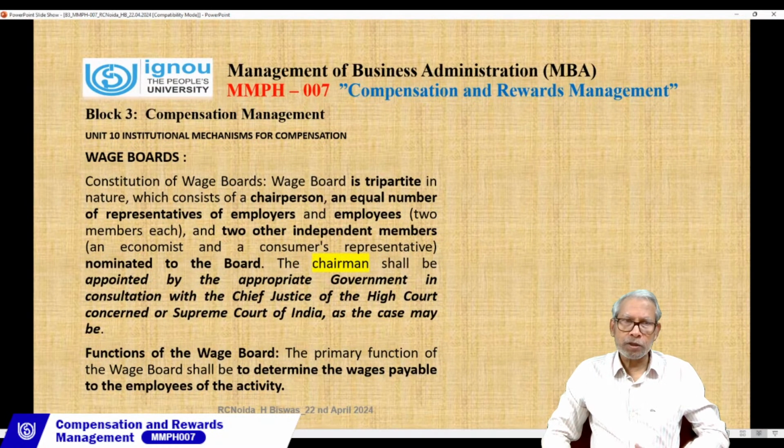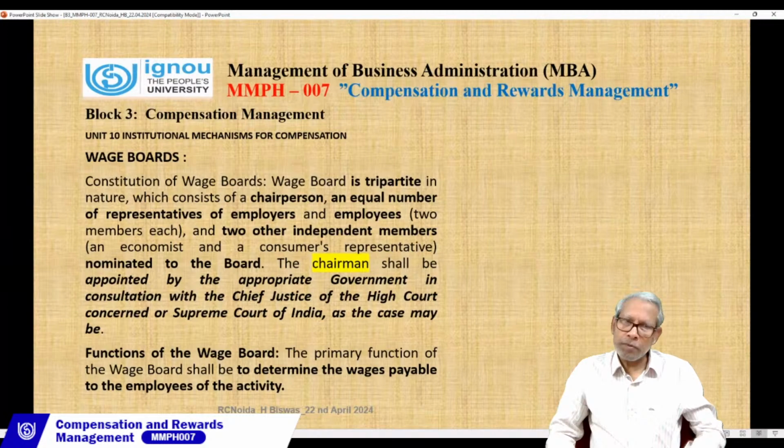The formation of the wage board is basically tripartite. There will be one chairman, then an equal number of representatives from the employers and the employees, 2 members each. The criteria is there: 2 independent members should also be there.